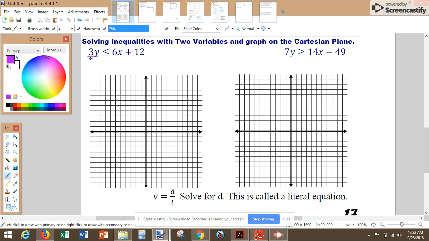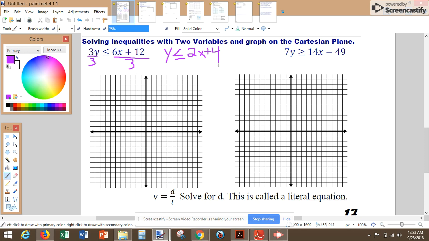Well, to get rid of the 3, you just divide both sides of the less than or equal to sign by 3. 3 divided by 3 is 1, so we have 1y is less than or equal to 6x divided by 3 is 2x, and then plus 12 divided by 3 is a +4.